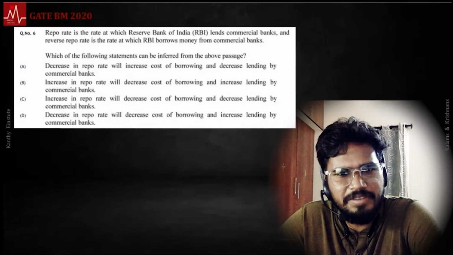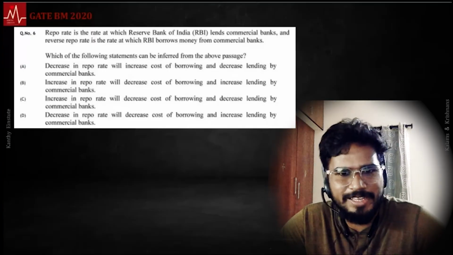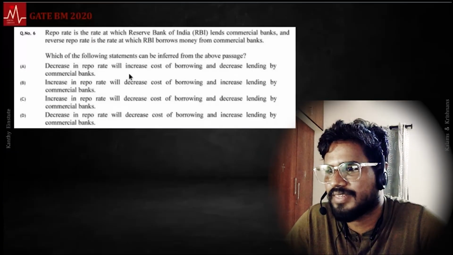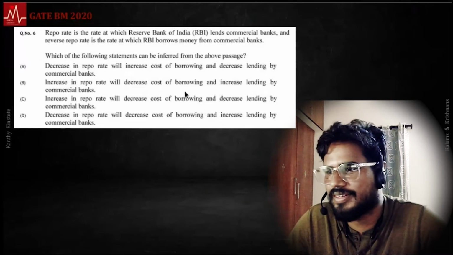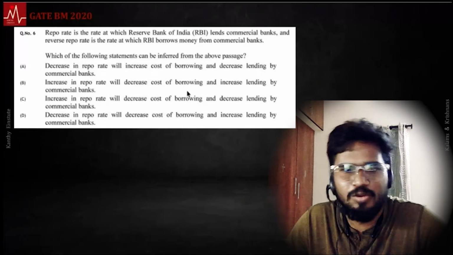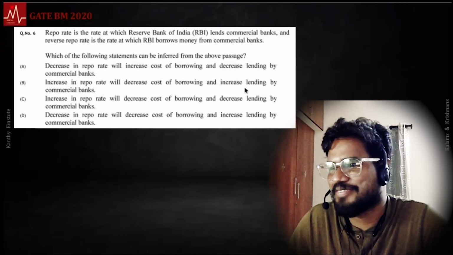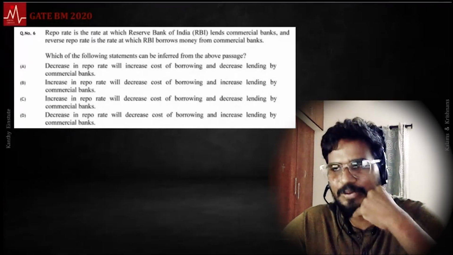If my friend is giving me money at lower interest, at no interest, no payback expectation, I would be happy to get it. A decrease in repo rate will decrease cost of borrowing. I will borrow more. If I borrow more, of course, I would be happy to give it to other friends or spend it on other friends.